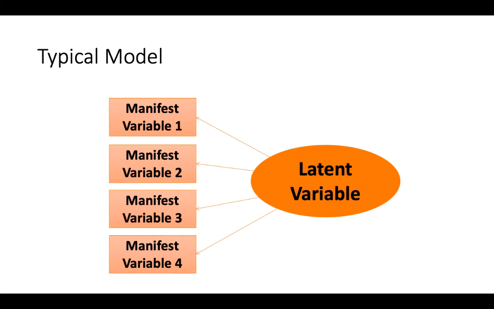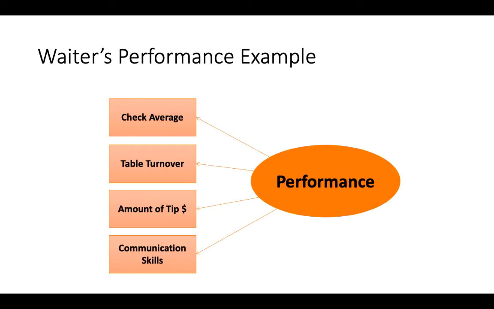Say for example, I want to measure a waiter's performance. I cannot just simply see the performance of the waiter, right? I can see, but how do I measure it? It has to be operationalized. So my manifest variable could be a check average. So what is a check average? A check average is an average bill per person, probably per table, per person, per couple, okay?